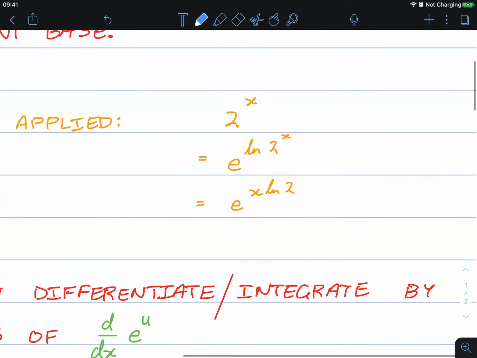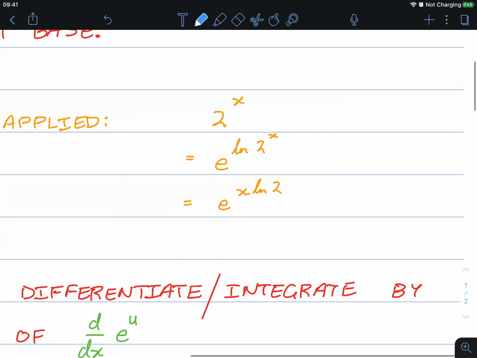Here's an application of this. Let's say we had 2 to the power of x. We could just raise this to the power of e and take the natural log of this. By doing this, it's as if we're multiplying by 1, so nothing really changes, because if we cancel these two, it brings us back here.